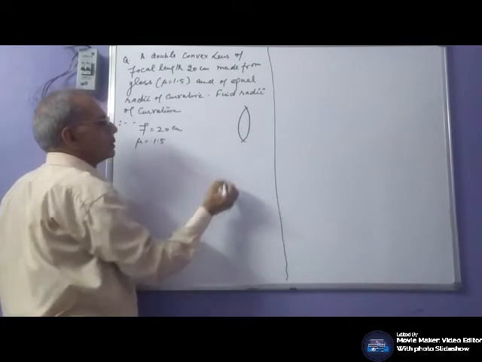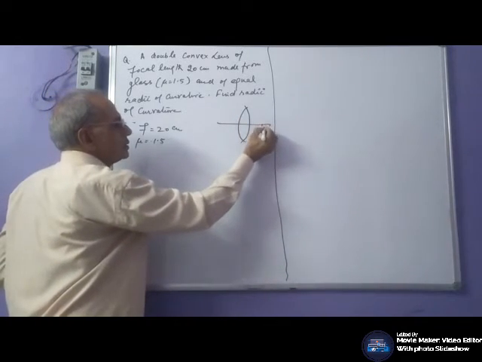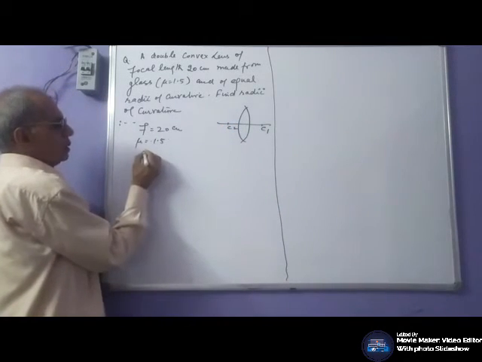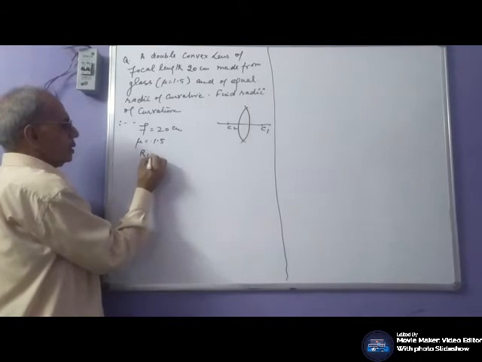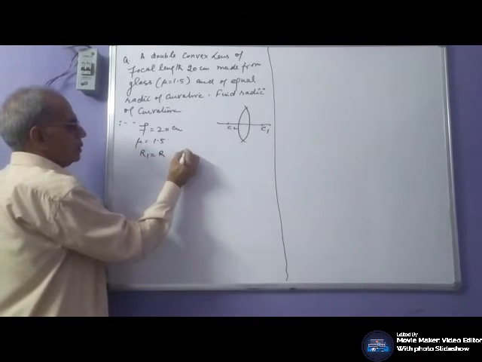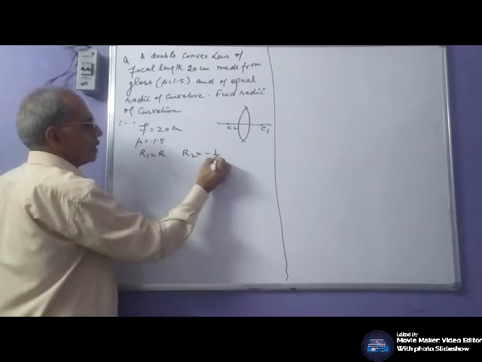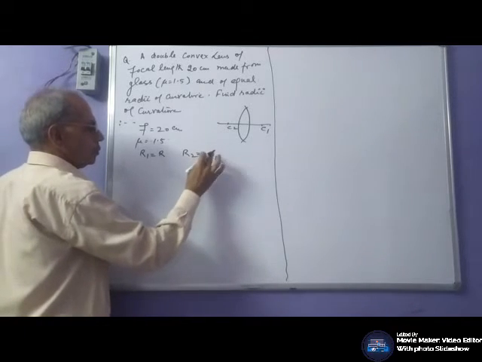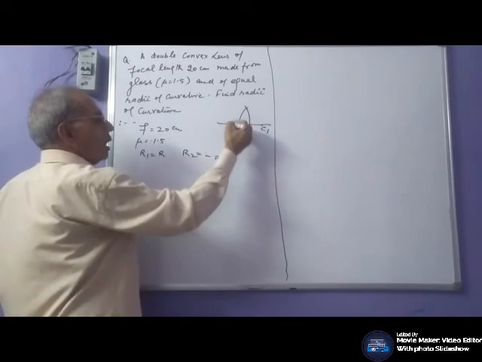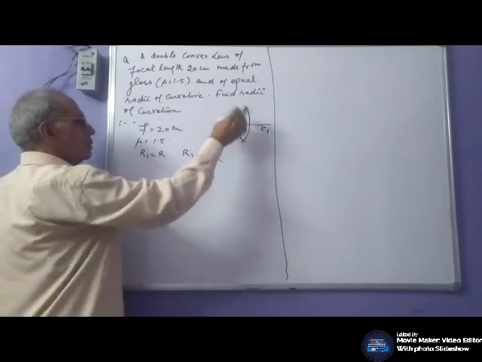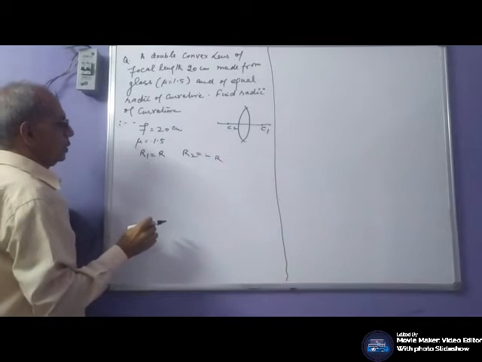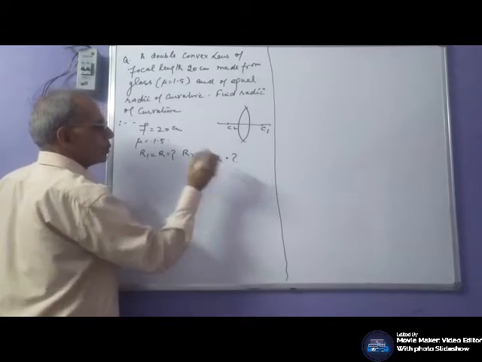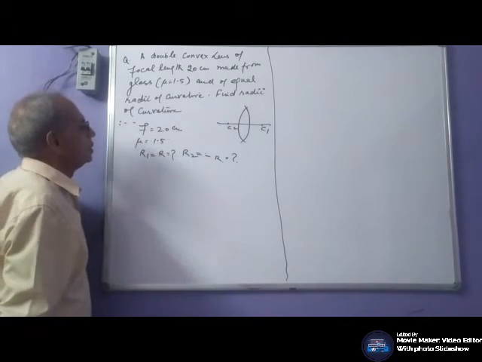This is convex. This is C1. This one is C2. R1 is plus R, R2 it is minus R. To be found out: equal radii.